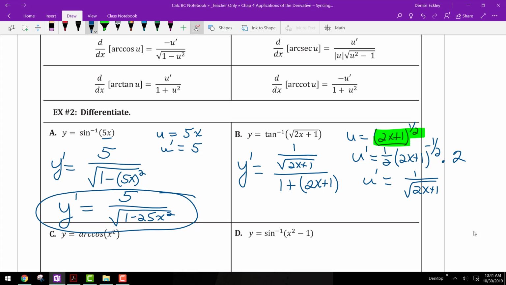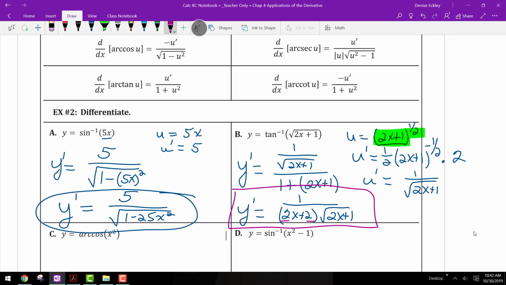Okay. So then simplifying this, we're going to have y prime equals 1 over, simplifying the denominator, we get 2x plus 2, and that's going to be multiplied times our square root of 2x plus 1. Now, if you want to factor out a 2 and put that in front, you can do that, but this is an appropriate answer for this question.